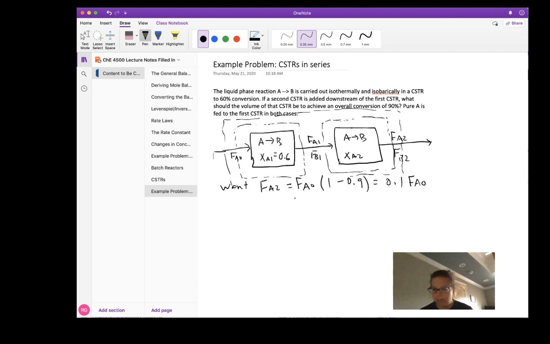So as a first step, let's look at our first CSTR because we have some information about that. I'm going to write down the mole balance for that. V1 is equal to FA0 XA1 divided by negative RA. I'm going to assume the reaction is elementary.